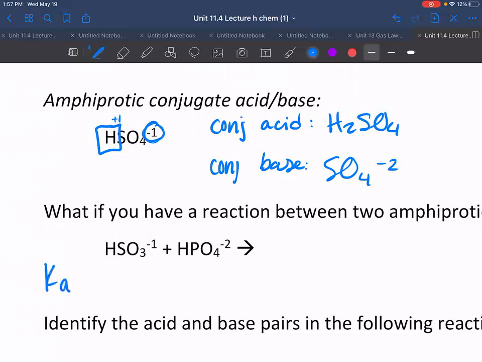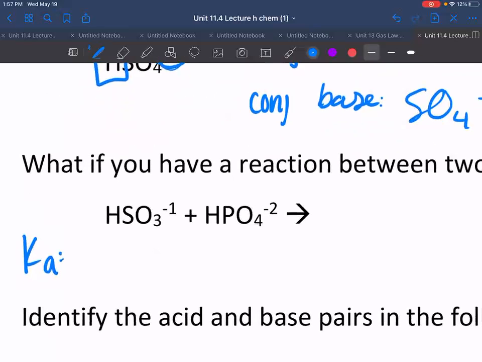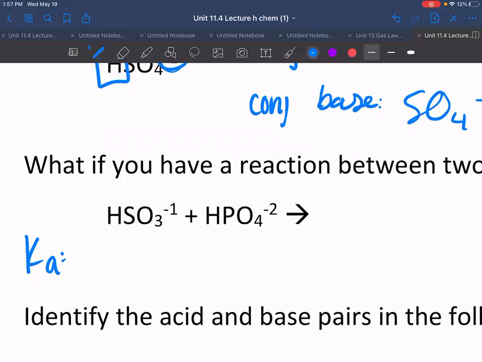So Ka, if you look these up for both of these things, it shows how strong they ionize. So Ka for HSO3 -1 is 1.1 times 10 to the -7. For HPO4, we have 2.2 times 10 to the -13. Which one of these will act as the acid?